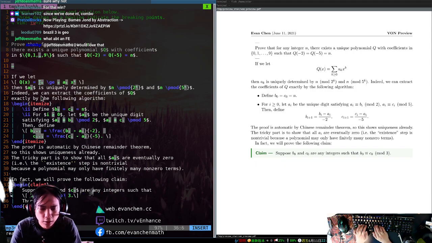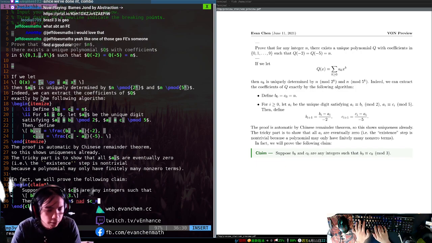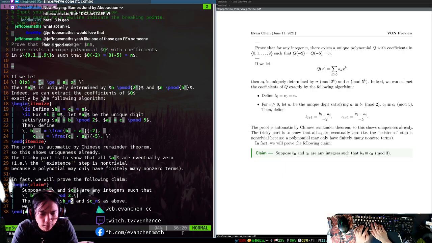Then defining Bn and Cn as above, we have Bn is congruent to Cn.